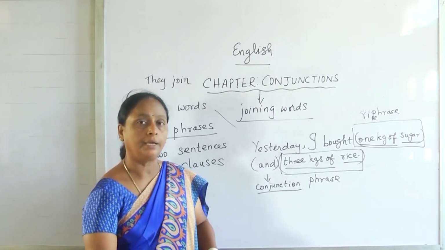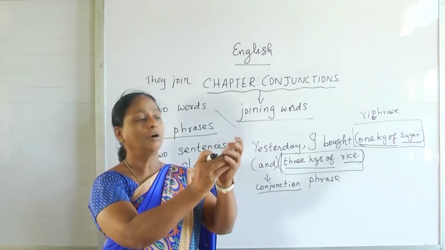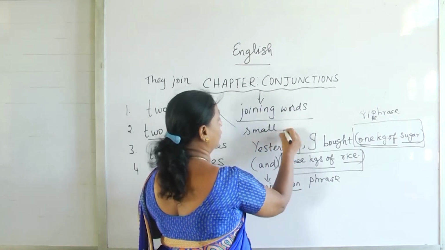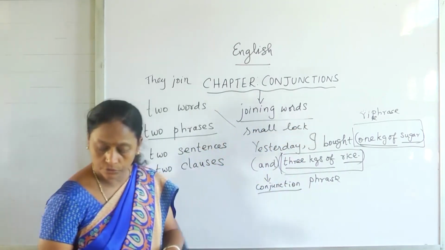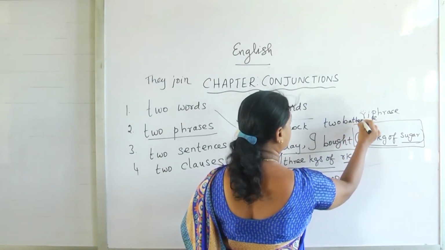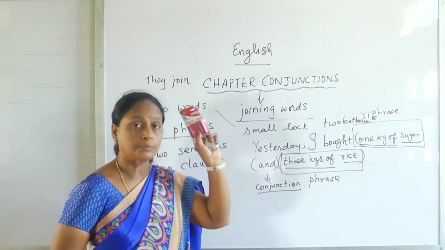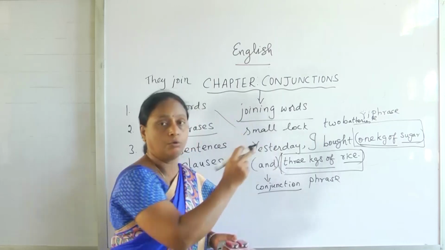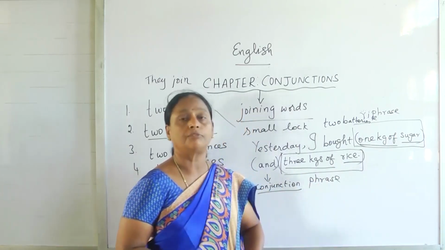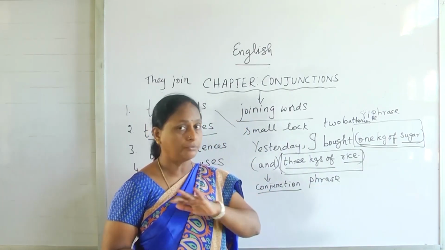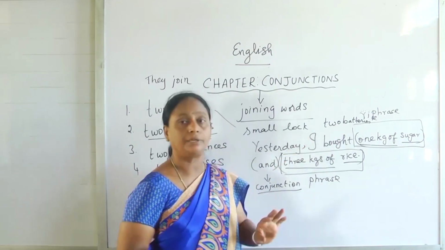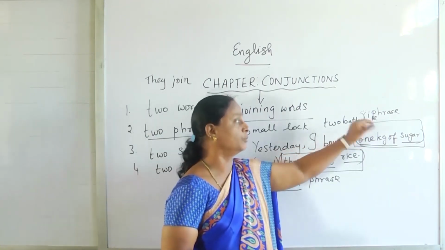Now I can say I have a clock, a small lock, then 2 batteries. 2 batteries means it is plural, so I have to write the plural noun there. But you may ask whether I didn't write sugar and rice in plural form. Sugar and rice are uncountable, so we can't add any s to the noun. Lock and batteries are countable, so I have mentioned this one in plural form.